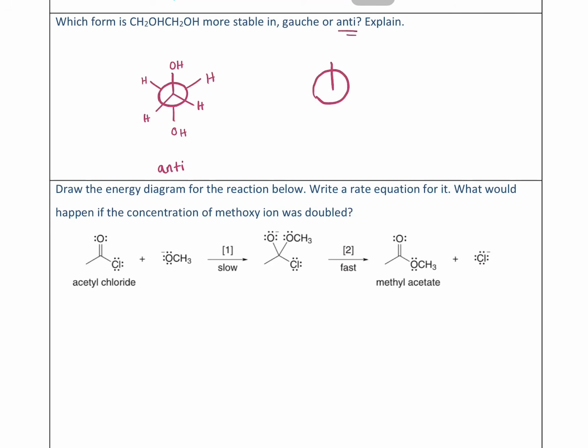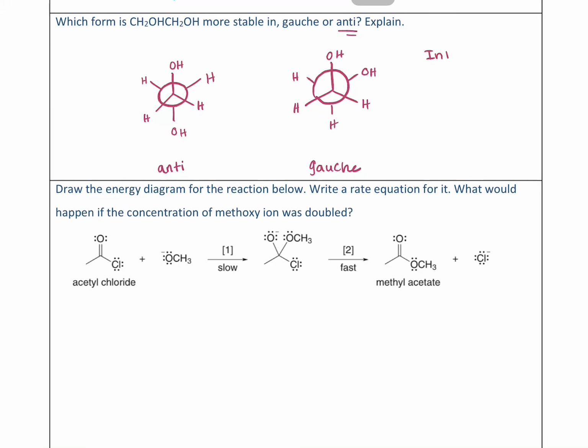So here you have OH and then H, OH, H. This is the gauche form. So notice something going on in the gauche form.